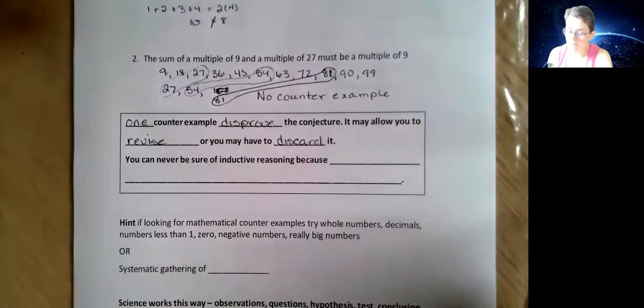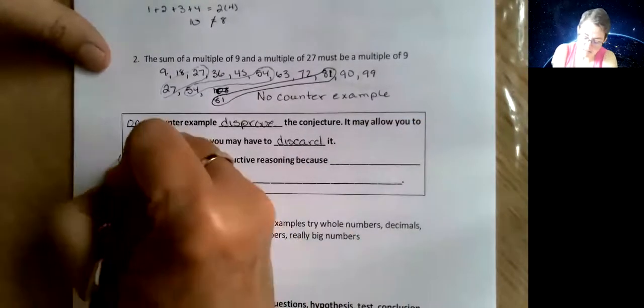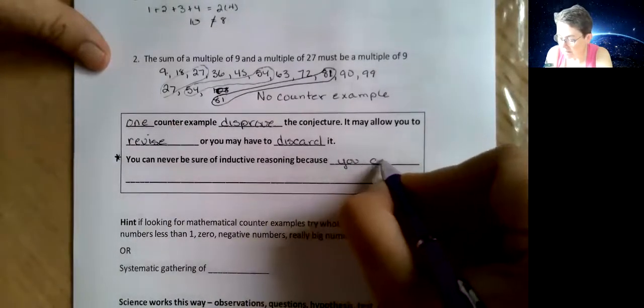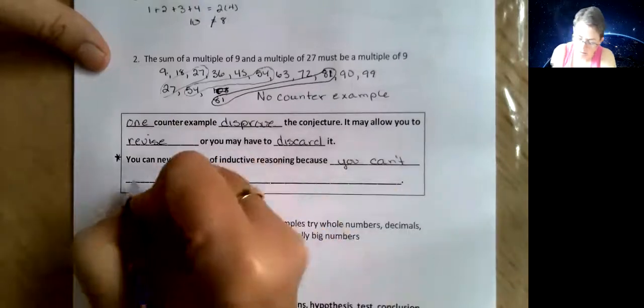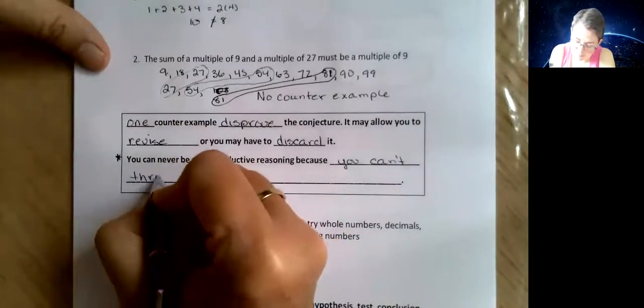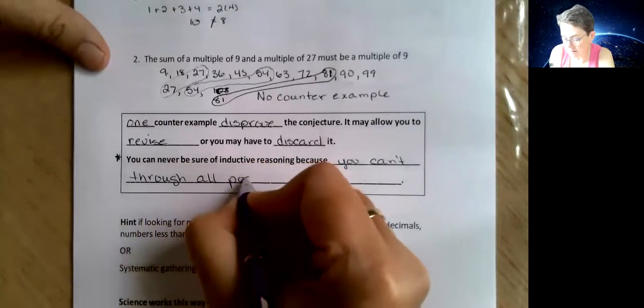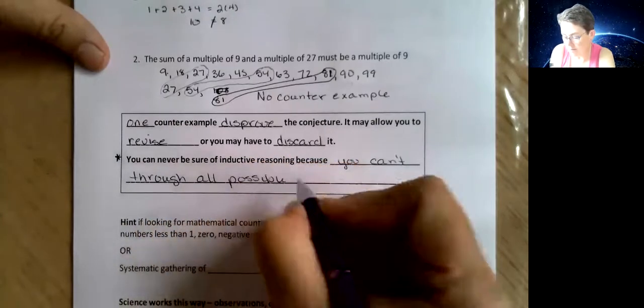Okay, you can never be sure of inductive reasoning. This is huge because you can't go through all possible combinations.